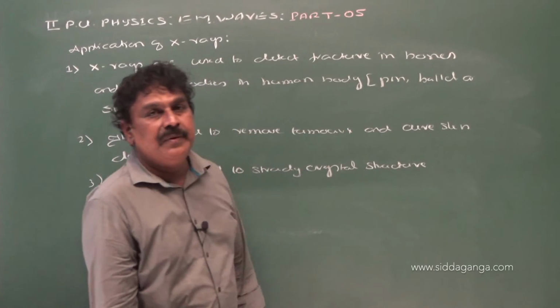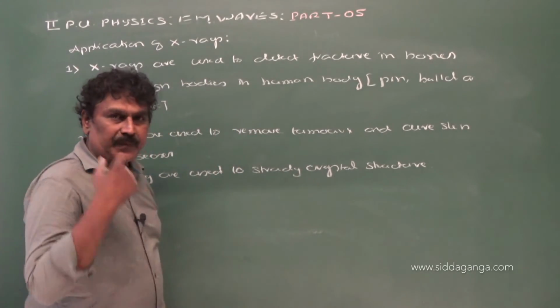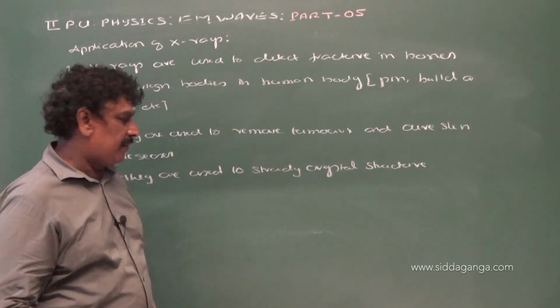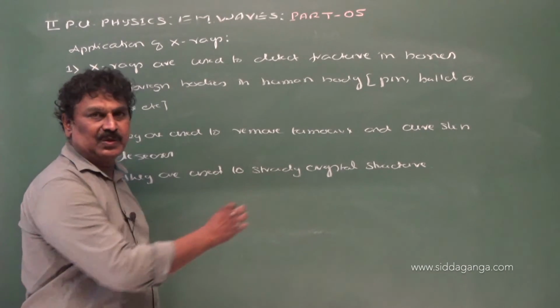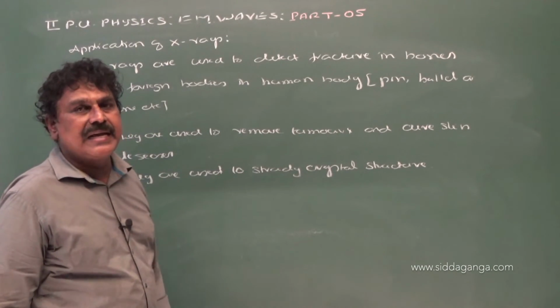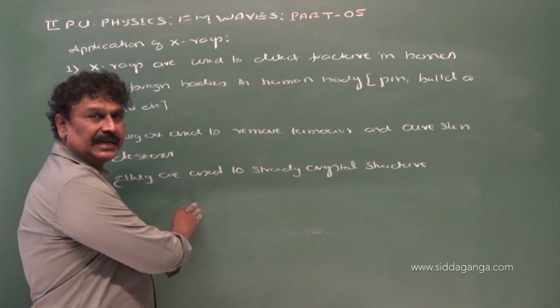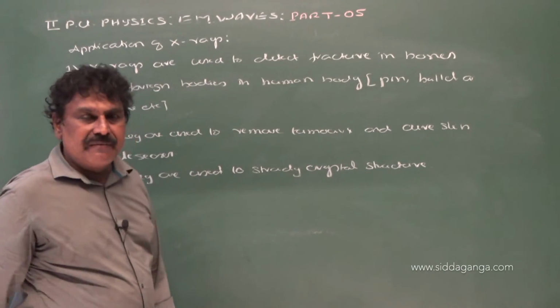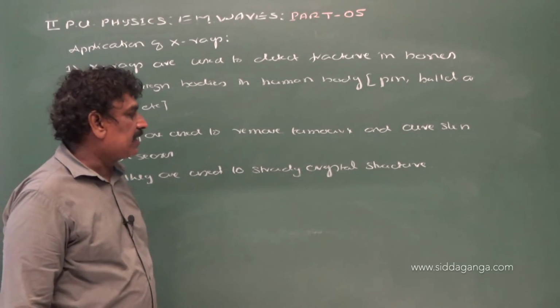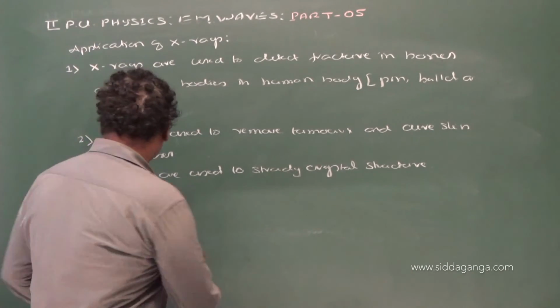Now, the crystal whose structure is to be determined is exposed to X-ray radiation and the corresponding diffraction photograph is taken. Using that X-ray diffraction technique, we can find the structure of crystals.